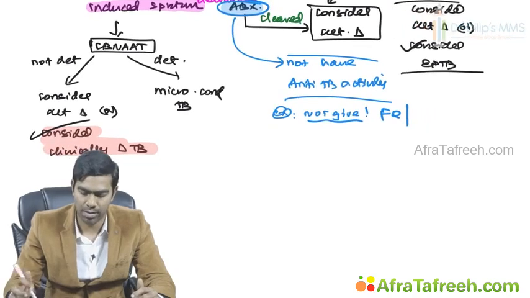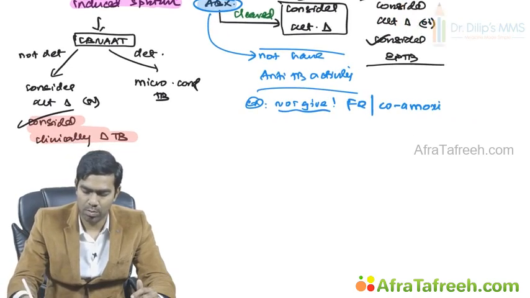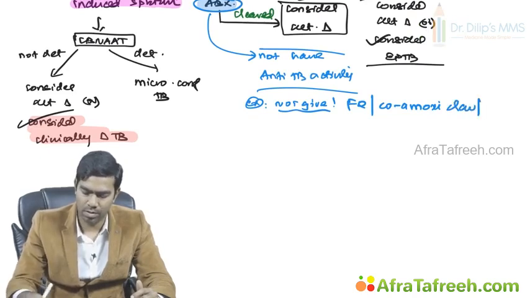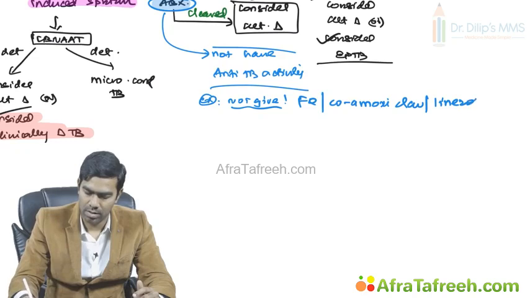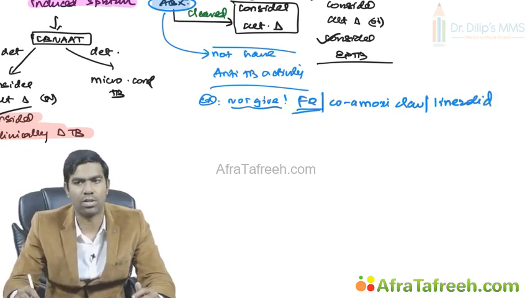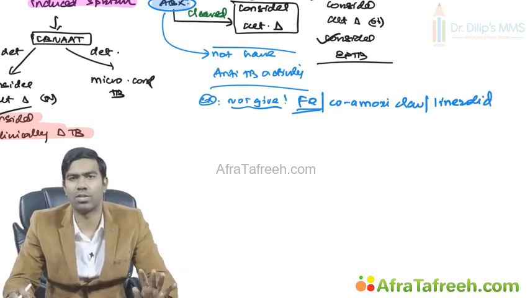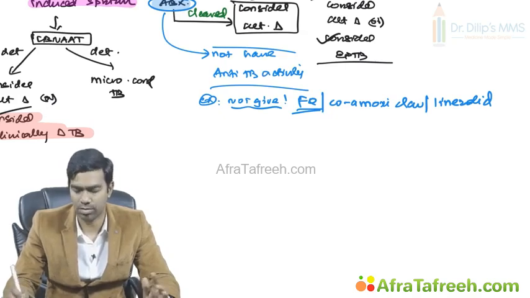You should also not use amoxiclav, Augmentin, and linezolid. All these drugs have anti-tubercular activity to an extent, especially fluoroquinolones. Definitely you should not give. Anyways, in children less than 8 years, fluoroquinolones will be avoided because of risk of Achilles tendon rupture and tendinitis.